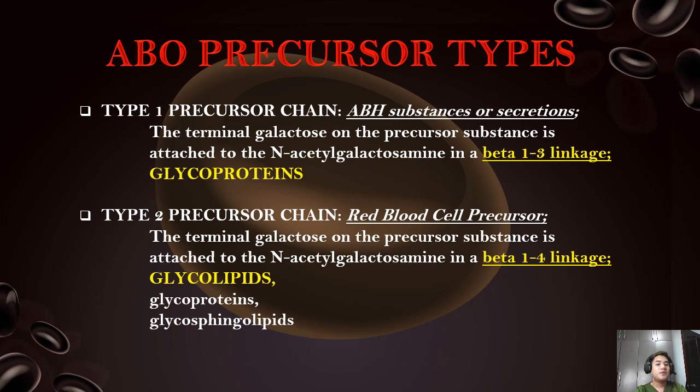But above all this, it shows that there is only a slight difference between the two precursor chains and it does not significantly change the antigenic structure and antigenic nature of your A, B, and H antigens made from different precursor substances or chains.